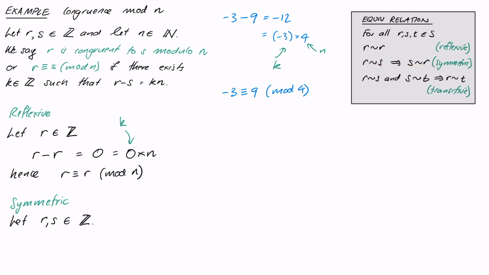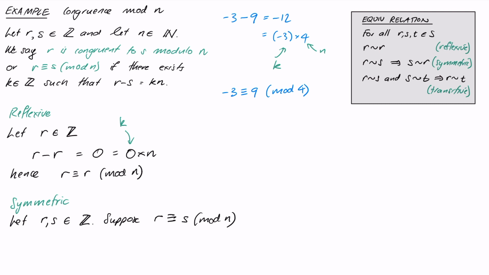So if r is equivalent to s, then it must also be true that s is equivalent to r. So what we're going to do is assume that r is equivalent to s. Okay, that's the left-hand side of this statement here.